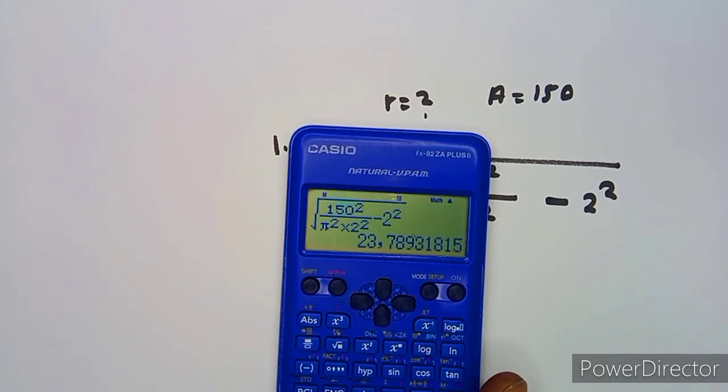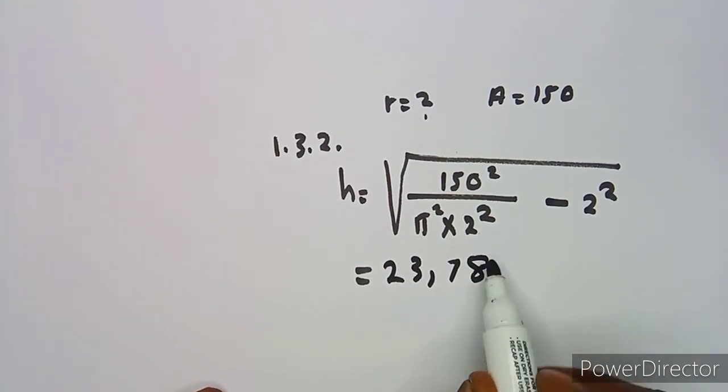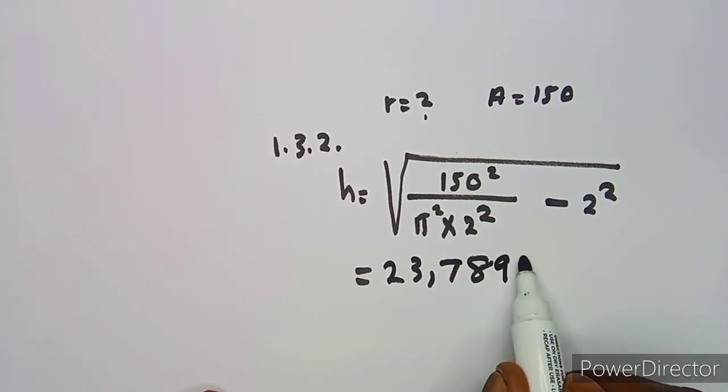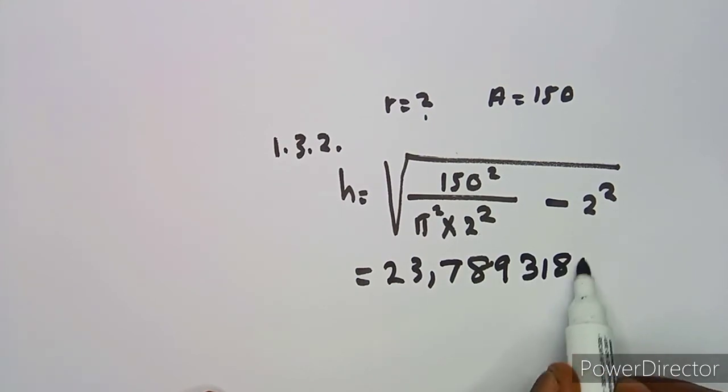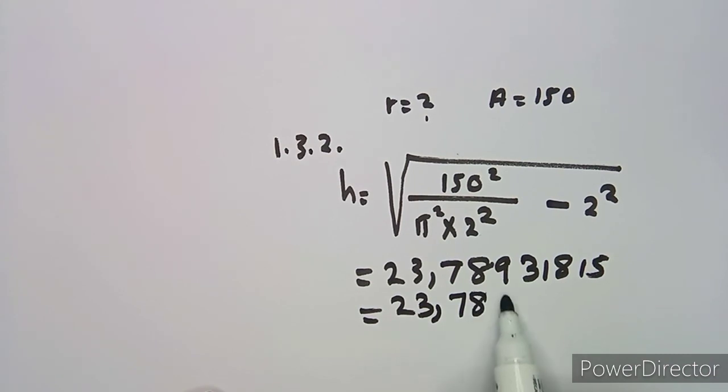Which is 23.78931815, something like that, which is 23.789. That will be our h, depending on the values that you'll be given there.